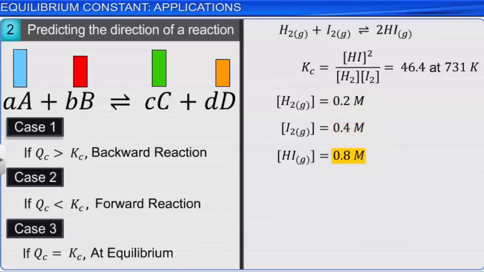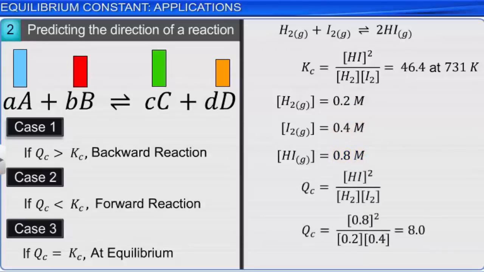The reaction quotient Qc at this stage of the reaction is equal to the concentration of hydrogen iodide raised to the power of 2 divided by the product of the concentrations of hydrogen and iodine. This is equal to 0.8 squared divided by 0.2 into 0.4.